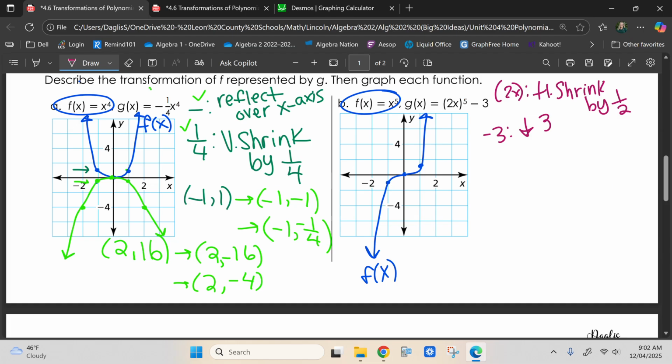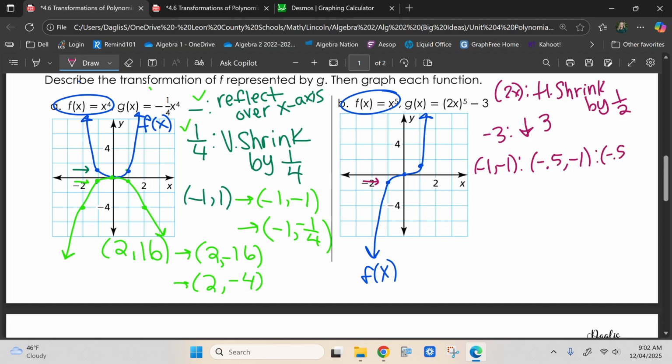So again, I'm going to make my math make sense. Let's start with this point right here. That was the point -1, -1. So we're starting with -1, -1. Cut my x in half. What do I get? Negative 0.5, -1. And then drop it down 3. Where does it go?